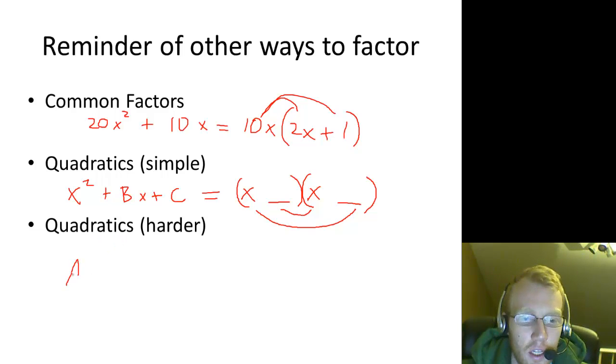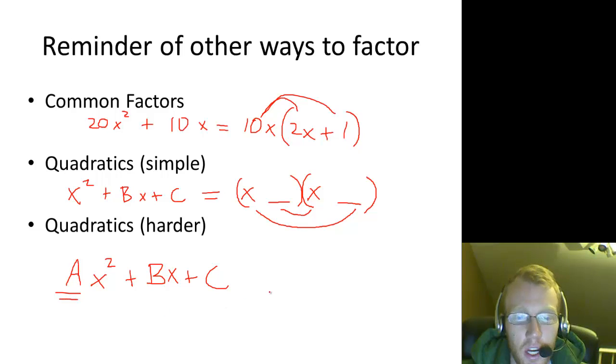Harder quadratics are very similar, but they have a numerical coefficient in the front. So instead of just being an x squared in the front, which makes an x and an x, you might have something like this, where there's actually a number in the front. And the way that I taught you to do them before was the same way.